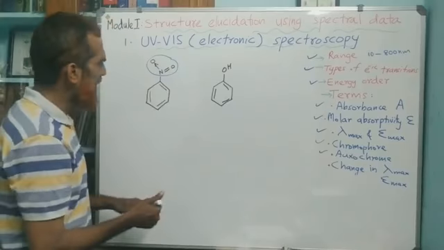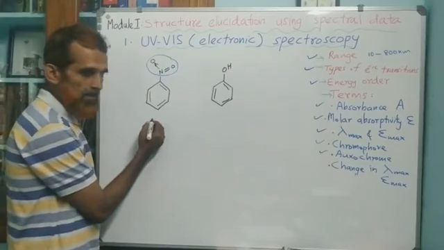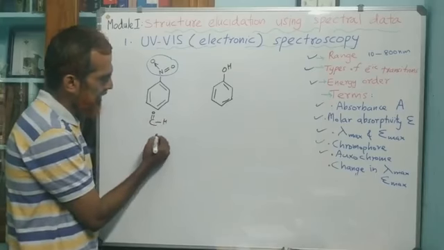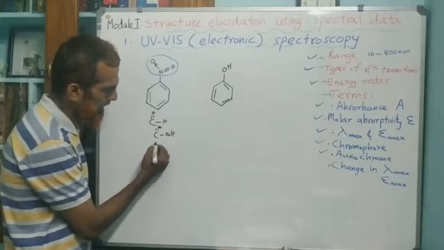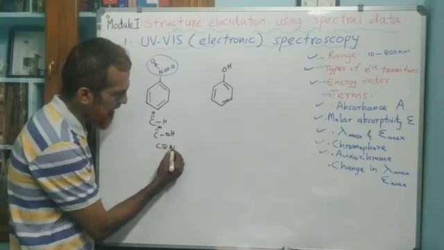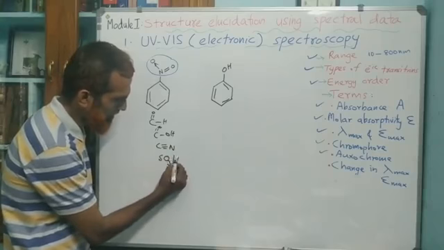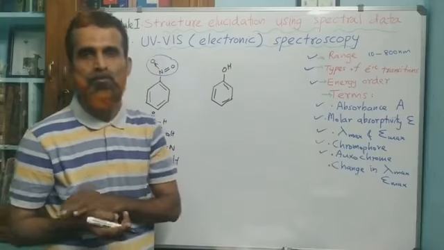So groups like NO2, similarly aldehyde group, keto group, carboxylic acid COOH, nitrile, that is C triple bond N, SO3H, etc. These kinds of functional groups are called chromophore.